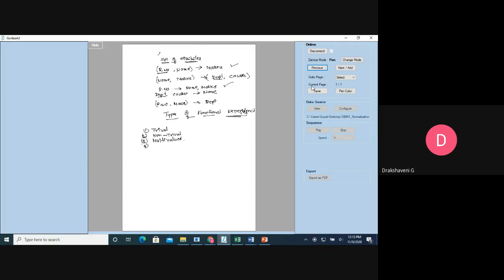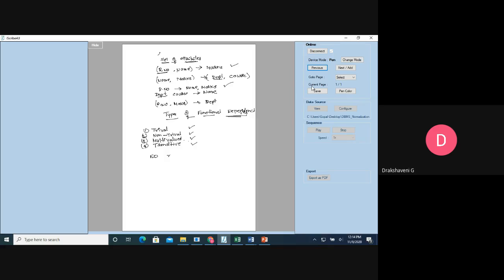Fourth one, transitive. Yes. So now we have to check types of dependency with this: trivial, non-trivial, multi-valued, transitive. Yes.